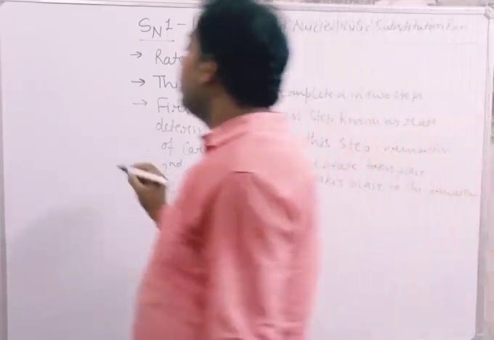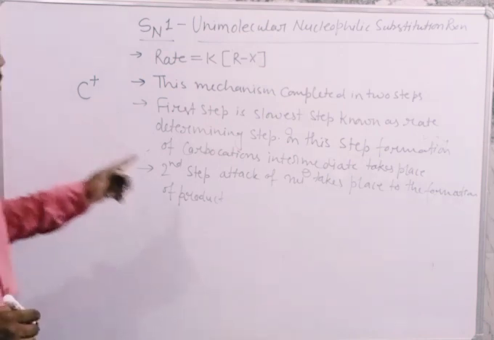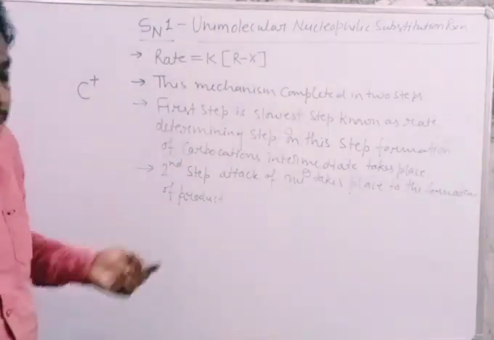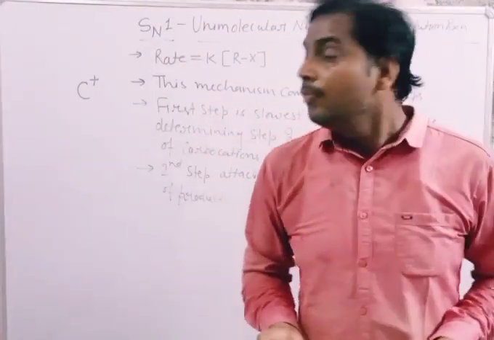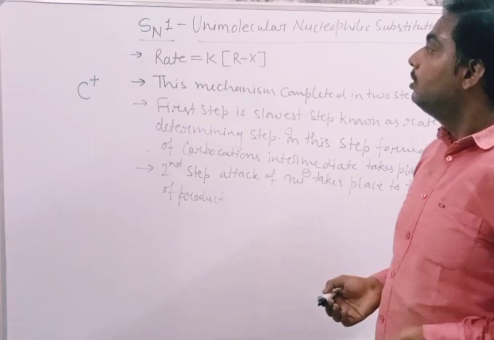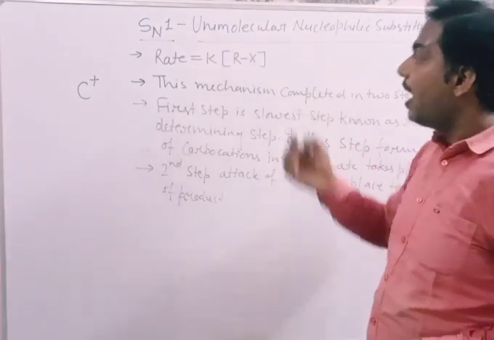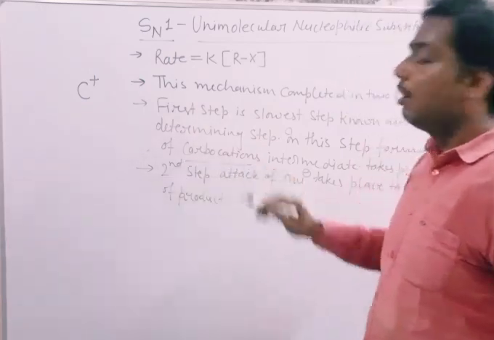What is the meaning of carbocation? When a carbon carries a positive charge, it is called a carbocation. It can also be primary, secondary, and tertiary. When we talk about the feasibility of a reaction by the SN1 mechanism, we talk about the stability of the carbocations.